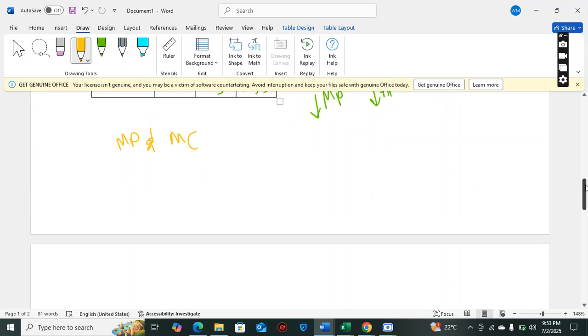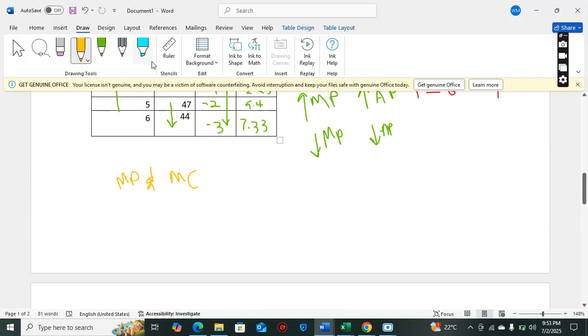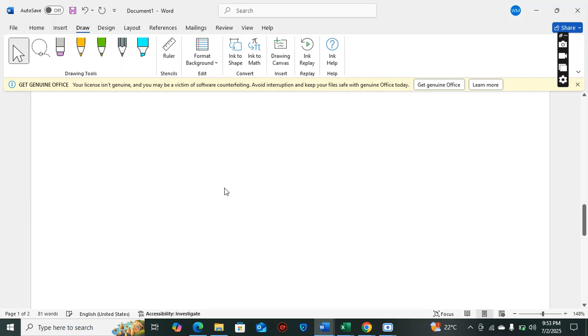Okay, when marginal product is increasing, let me make space like this. This green line will be the marginal product.